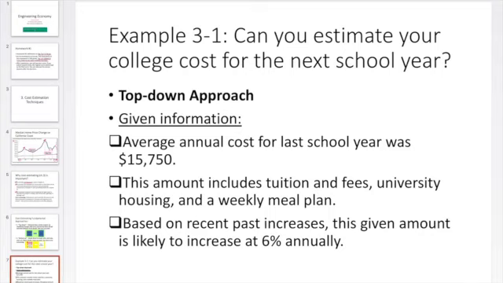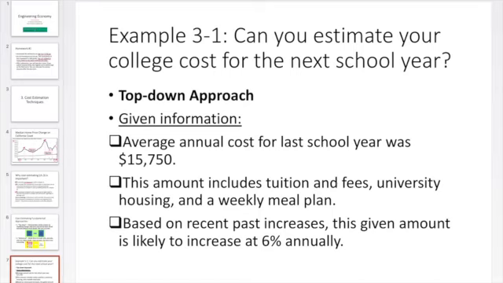And I would say, okay, I would think that if we have the same type of costs, like we're in the same school, the same college, and we both dine on campus, both live on campus, and we both don't have cars, so our spending structure or expense structure is pretty much the same. So I would say, okay, for me, maybe my next school year will be pretty much the same.